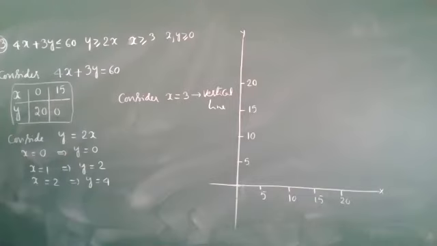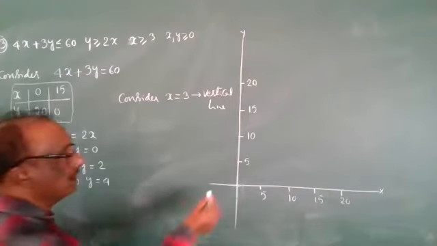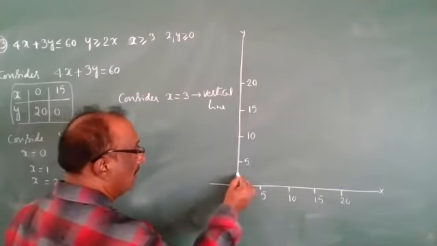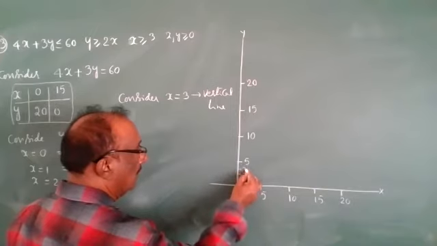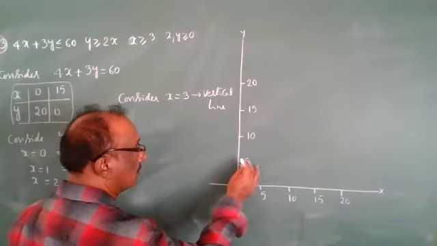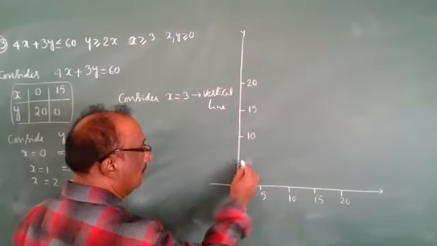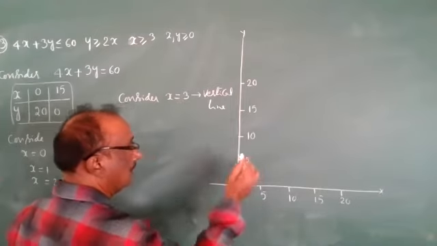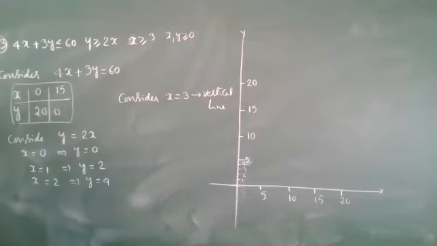Next, x is equal to 3. Here I am dividing: 1, 2, 3, 4, and this is the 5. I'm dividing the points.